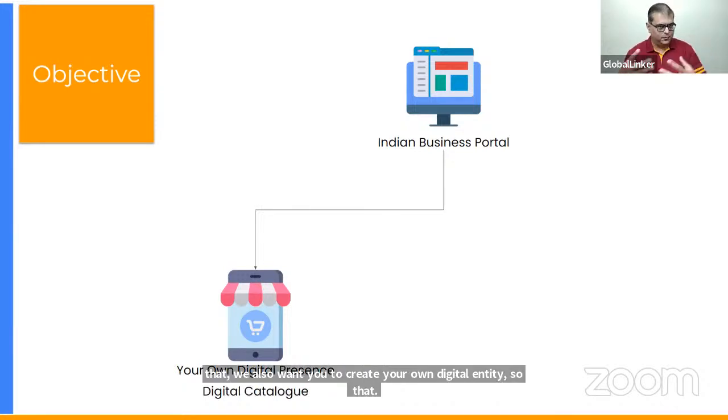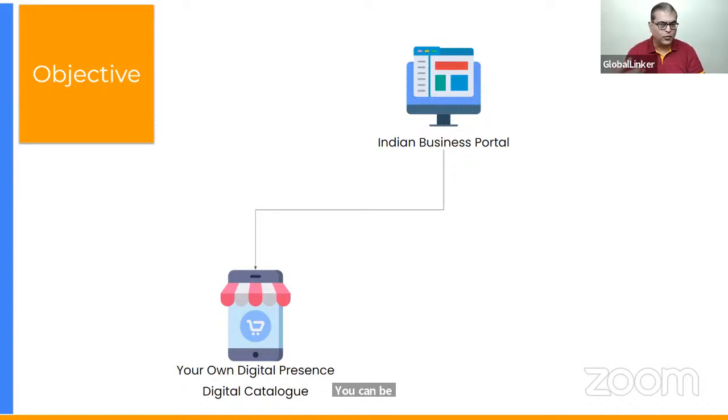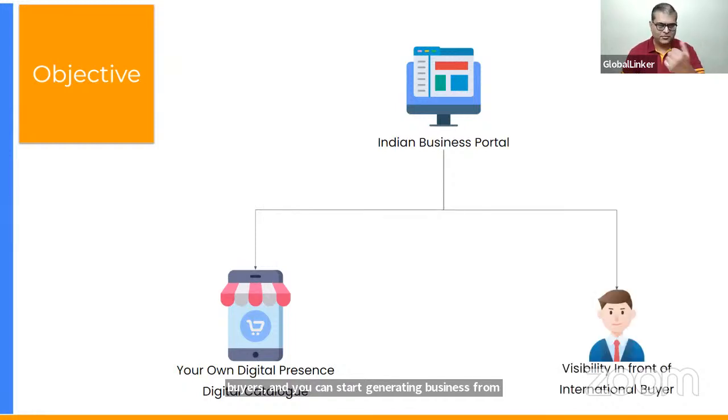And if you put in an effort in promoting yourself on the internet, you can yourself also find or connect with international buyers, and you can start generating business from there as well, right? So that is one objective. And second is something that we all know, that it is to create visibility in front of international buyers. So that is the objective of Indian Business Portal.